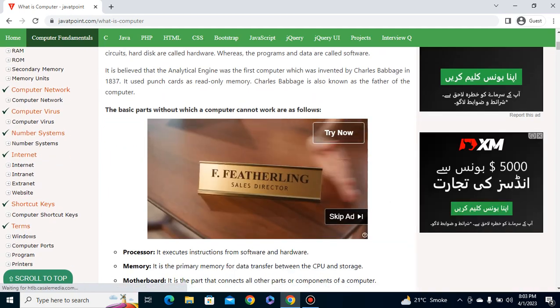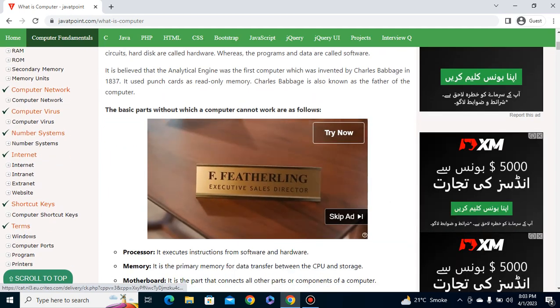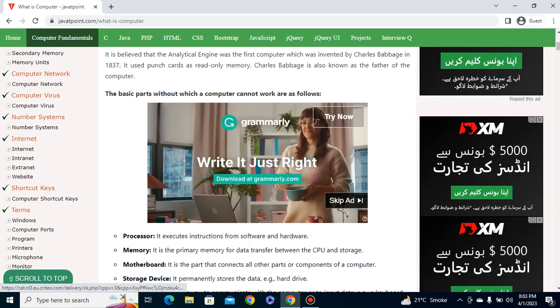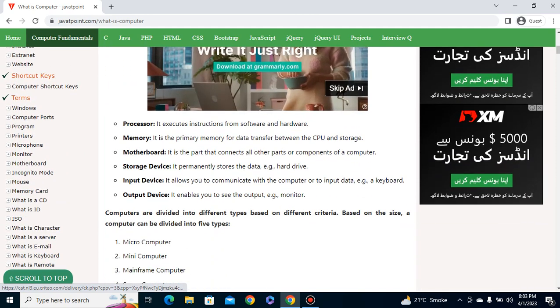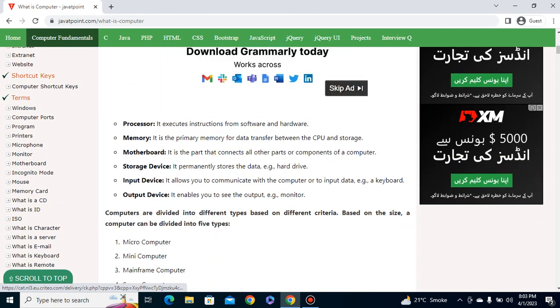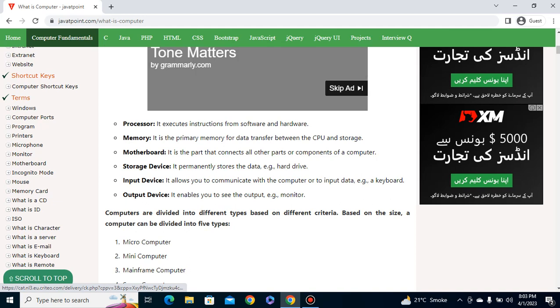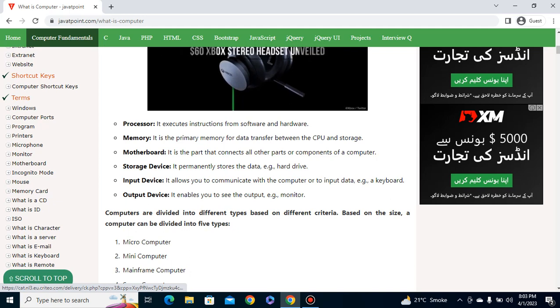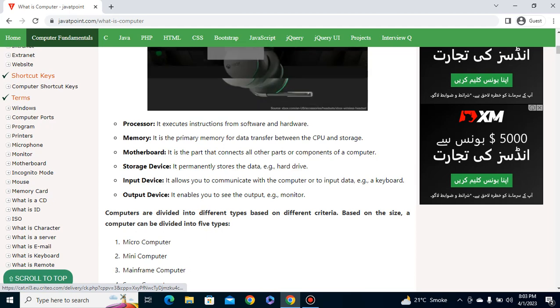The basic parts without which a computer cannot work are as follows. Processor. It executes instructions from software and hardware. Memory. It is the program memory for data transfer between the CPU and storage. Motherboard. It is the part that connects all other components of a computer.